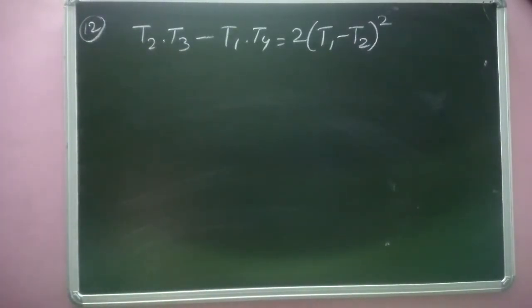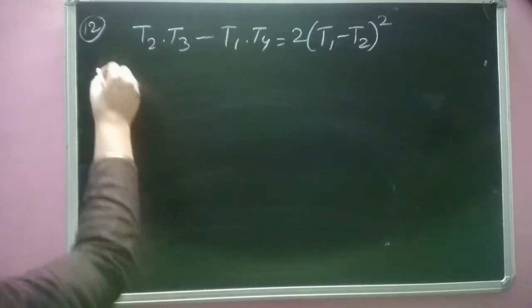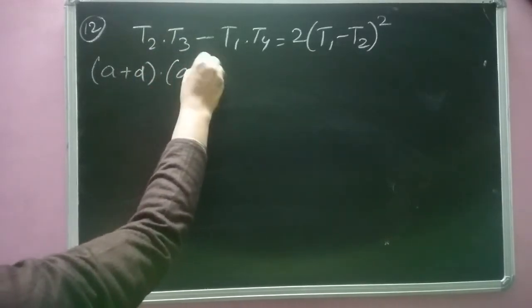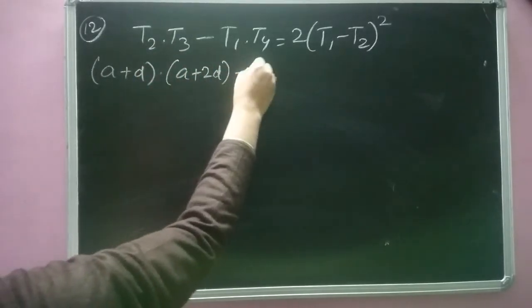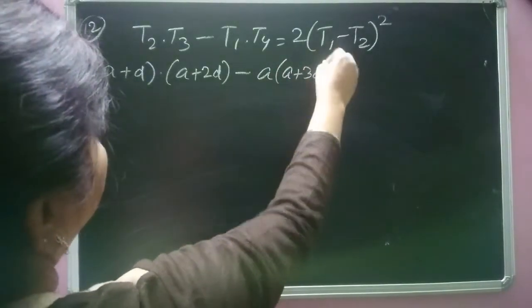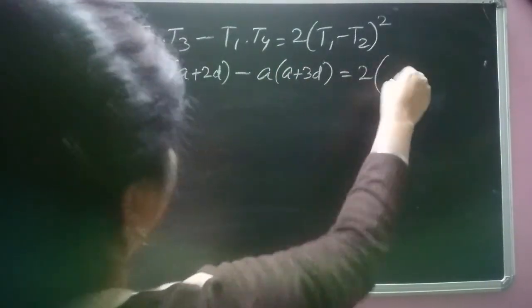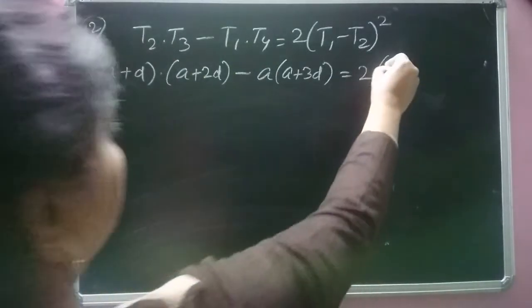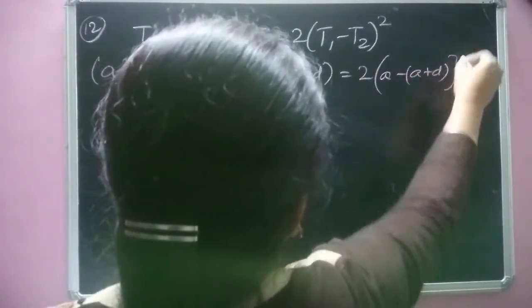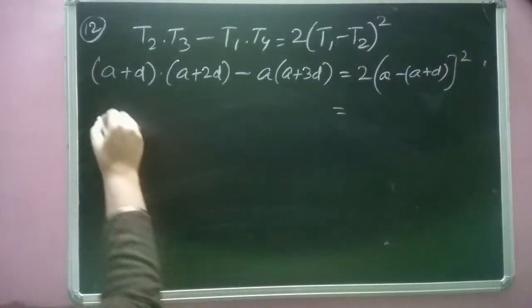Okay. So directly put the values. Suppose the first term is A, common difference is D. So the second term will be A plus D. Third term will be A plus 2D. First term is A. Fourth term will be A plus 3D, equals 2 times, first term is A, second term is A plus D, whole square, and simplify.